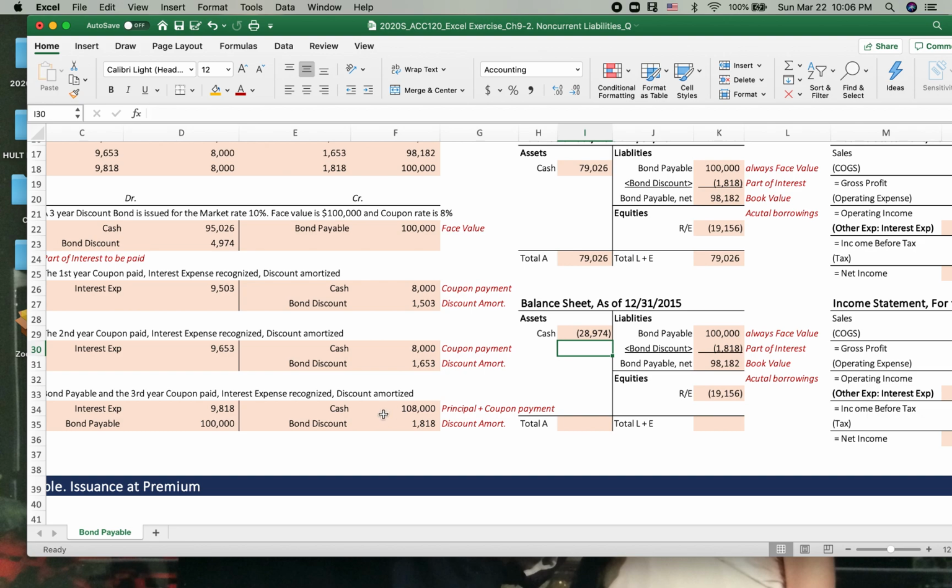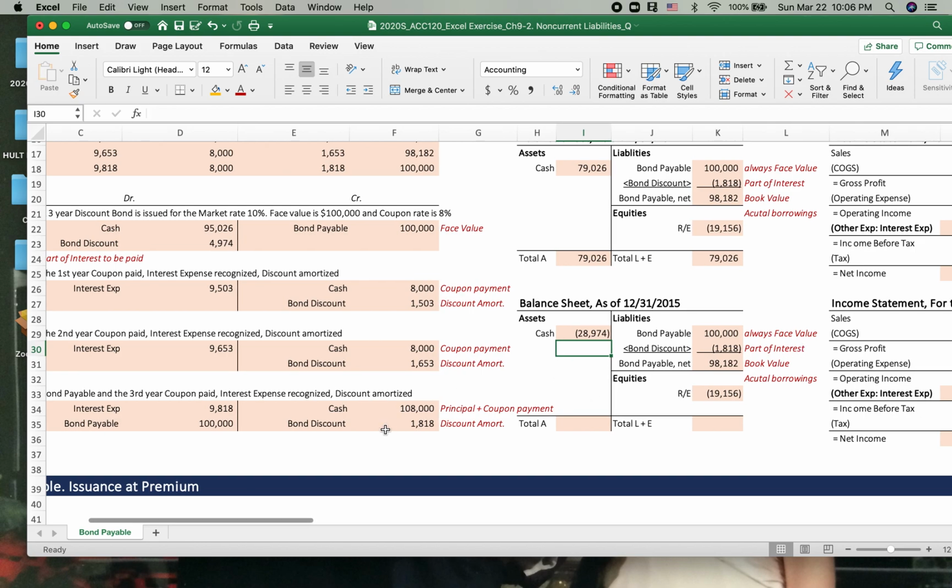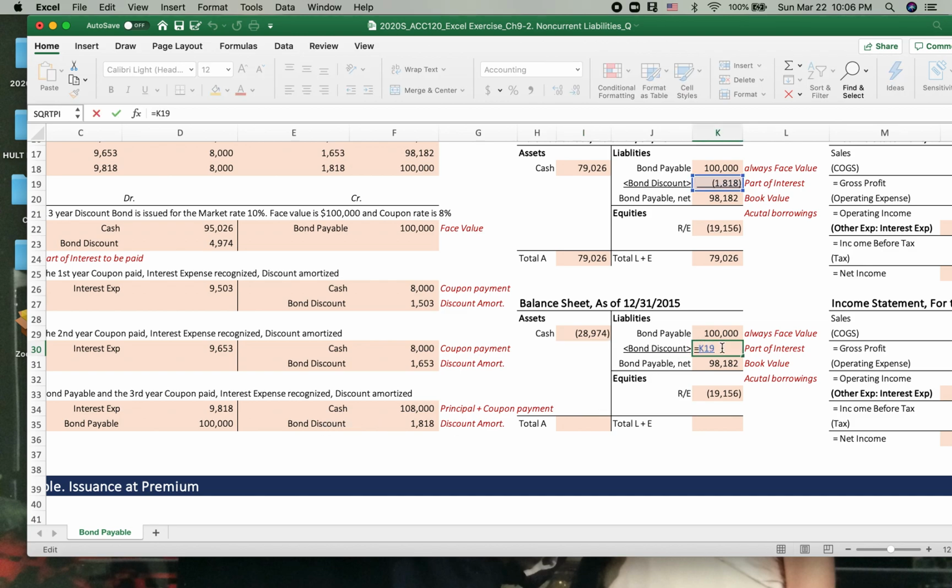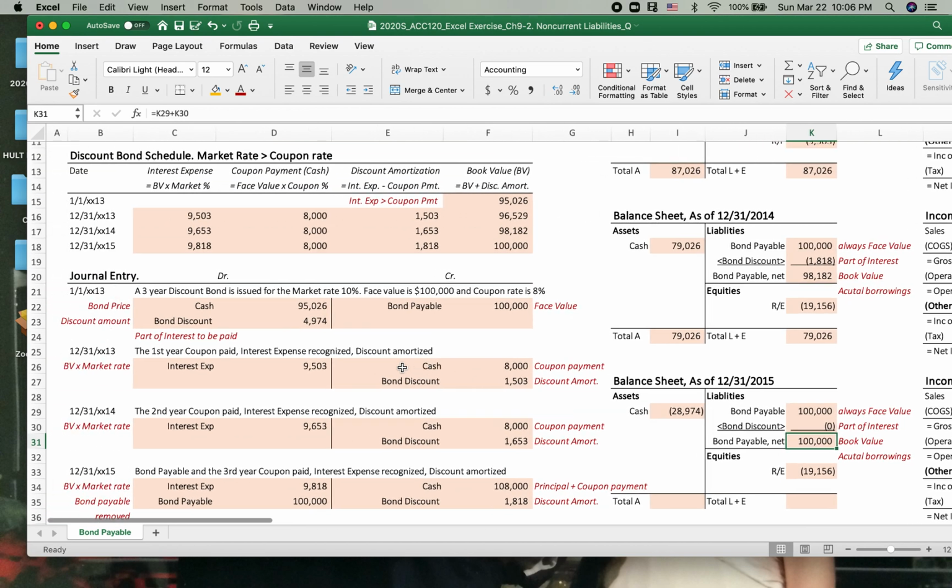And then interest expense. Oh, before jumping into this interest, bond discount. Now bond discount now plus 1818. So we don't have any bond discount anymore because we have recognized all the interest expense the correct way.